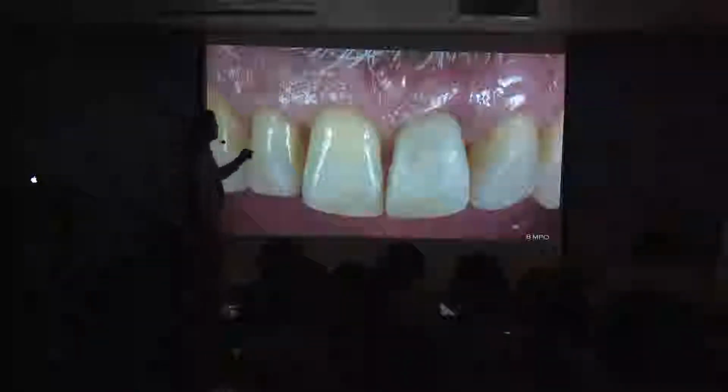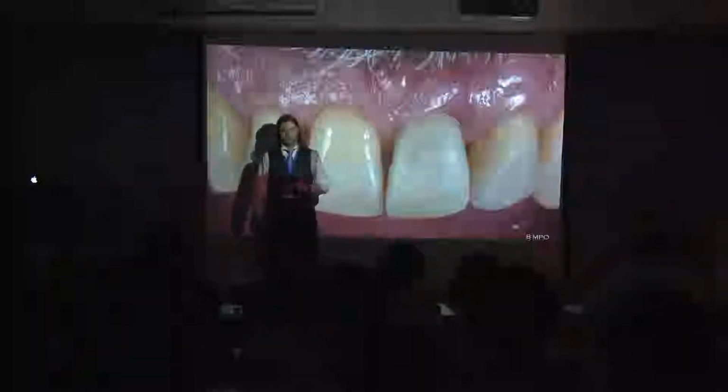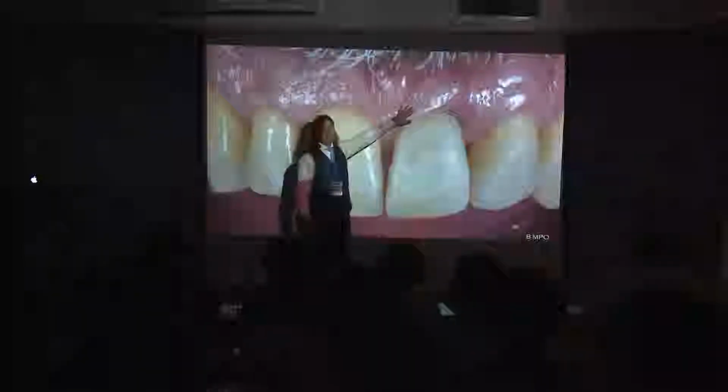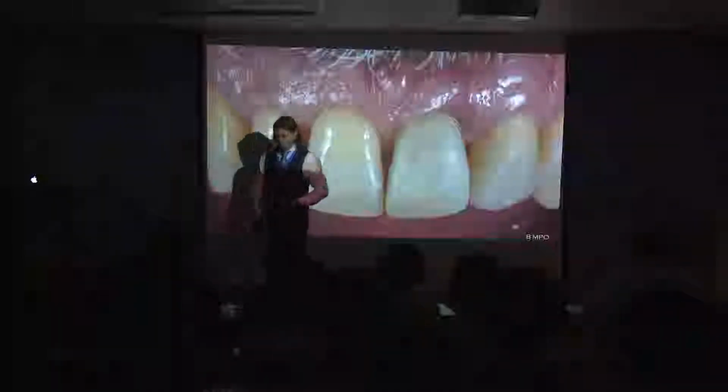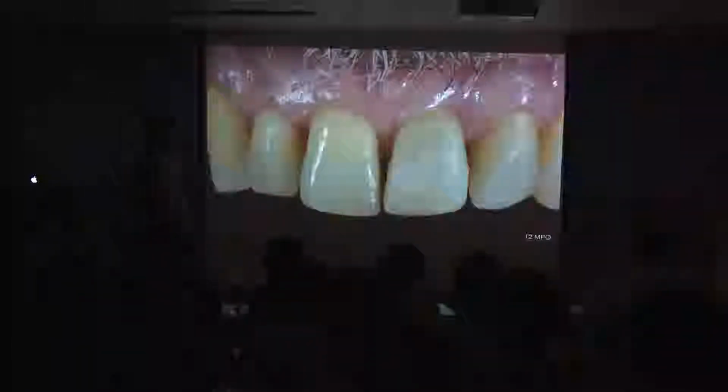I never change the emergence profile before 6 months, because the blood supply is not yet ready to be damaged. One year later, I am ready for the final prosthetics.